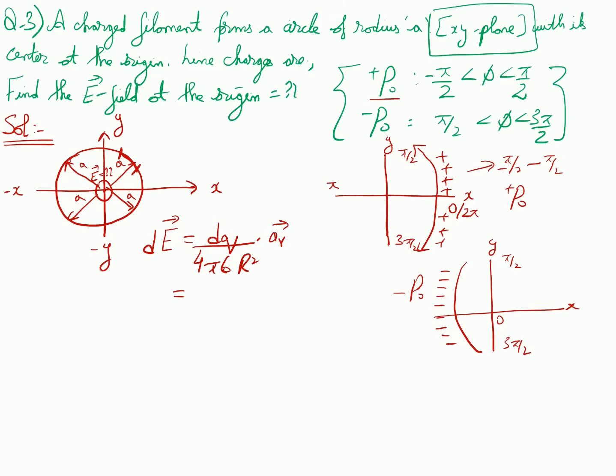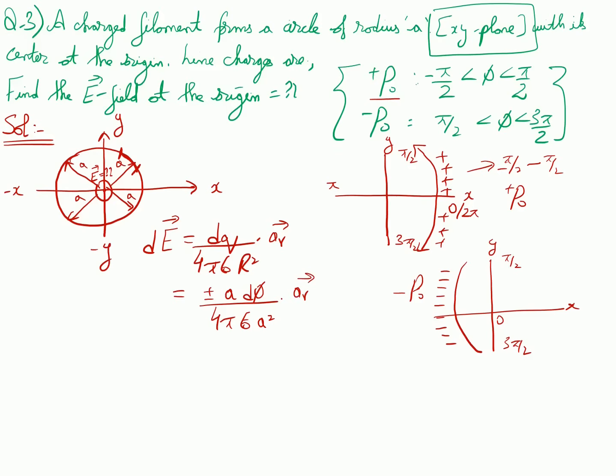In this case, we know that dq follows a certain radius and a certain angle, so I can replace it with plus minus r d theta, or I can just write the radius, which comes out to be a, with a certain angle. In this case, the angle is d phi, divided by 4 pi epsilon naught into r. R is basically the radius, so r square is a square, in the unit direction of a r.